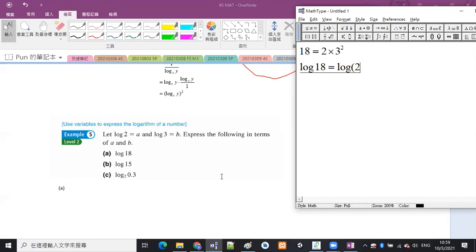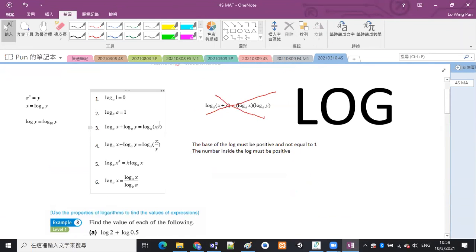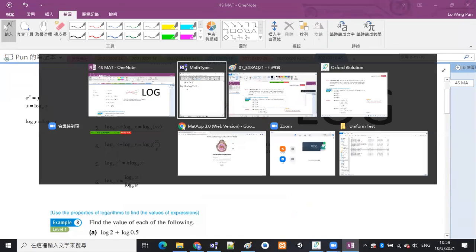log 2 times 3 squared. Can you get this? Just log left-hand side will be log right-hand side. But 2 times 3 squared is a product. Okay, log x times y. Now we will use the third formula from before, the right-hand side, see?